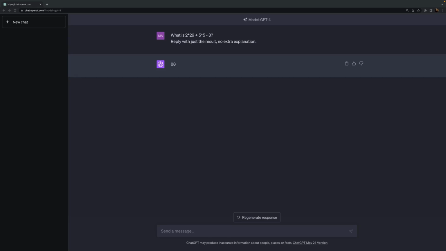And of course, as also mentioned before, it's totally possible that you got the right result for this specific example, because there is some randomness involved, but simply try a couple of different calculations and chances are high that with this prompt, where you force ChatGPT to give you just one single result instead of giving you an entire explanation, you're sometimes getting wrong results.